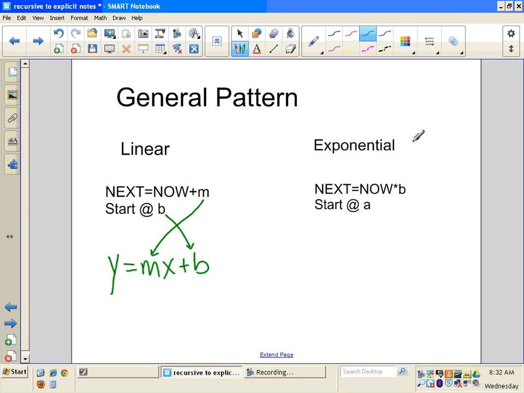In an exponential pattern where you're multiplying, so linear, you're adding or subtracting. Exponential, you're multiplying. It's a geometric sequence. Next equals now times what you're multiplying by each time, starting at a, or y equals starting value a times b to the x power of the exponent. Make sure you have those written down.